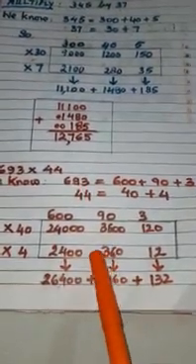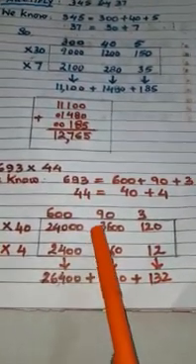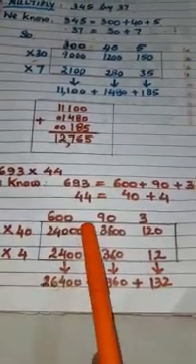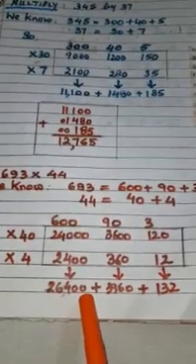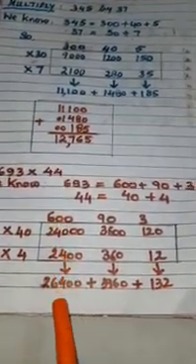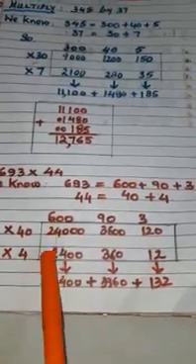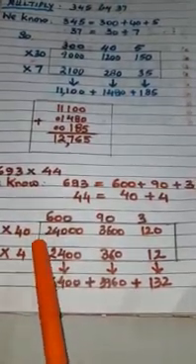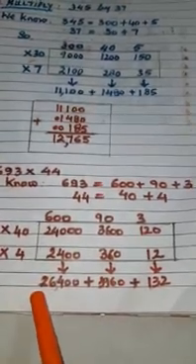Here is 3, no number, it means 0. So 3 plus 0, 3. Now last one, 0 plus 0, 0. 0 plus 0, 0. 0 plus 4, 4. 4 plus 2, 6. Here we have 2, no number, it means 2 plus 0, 2.